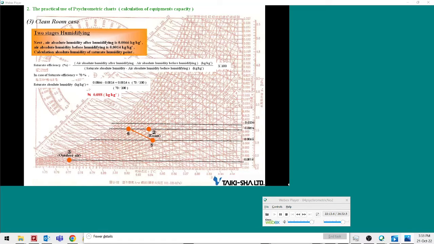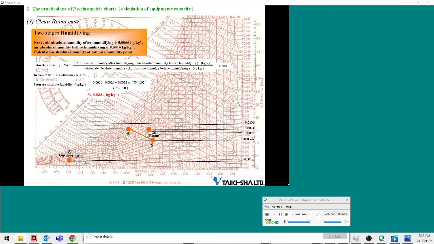Next, assume the absolute humidity after humidification to be 0.0066 kilograms per kilogram and the absolute humidity before humidification to be 0.014 kilograms per kilogram. Calculate the saturation absolute temperature.